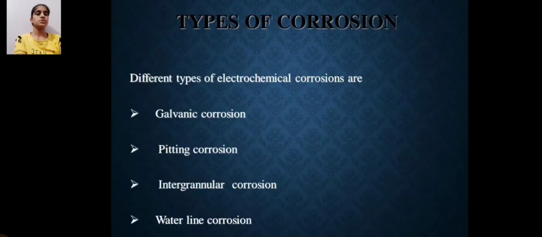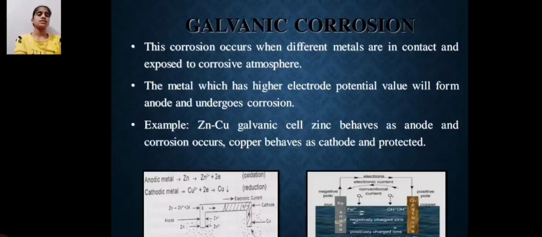Then the types of corrosion. Here there are different types of electrochemical corrosion and they are galvanic corrosion, pitting corrosion, intergranular corrosion and waterline corrosion. First, the galvanic corrosion. This corrosion occurs when different metals are in contact and exposed to a corrosive atmosphere.